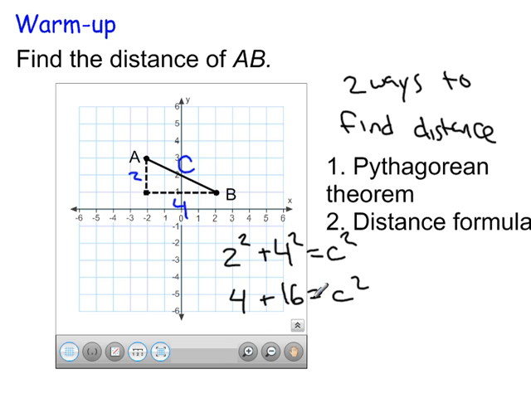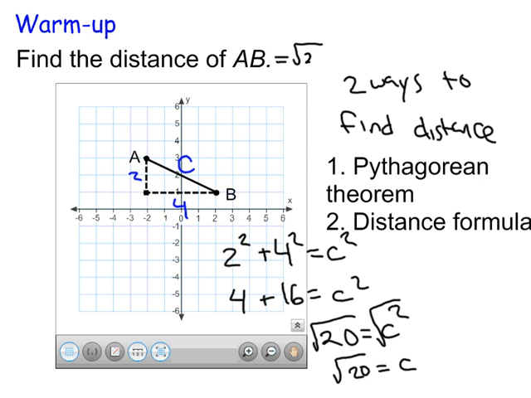So we get 4 plus 16 equals C squared. 4 plus 16 is 20, so we get 20 equals C squared. Square root both sides. The distance is radical 20. So the distance of AB is equal to radical 20.